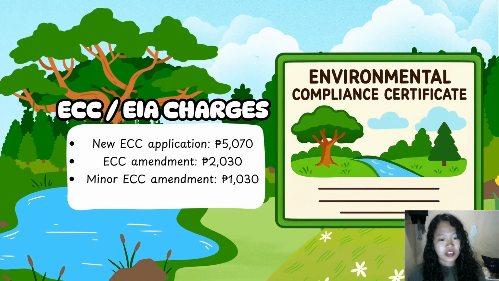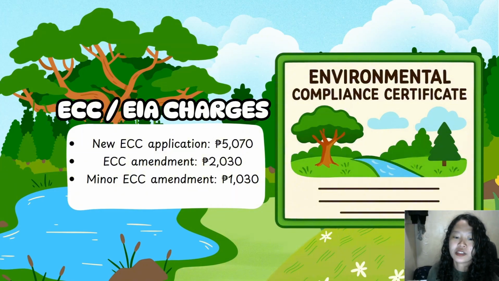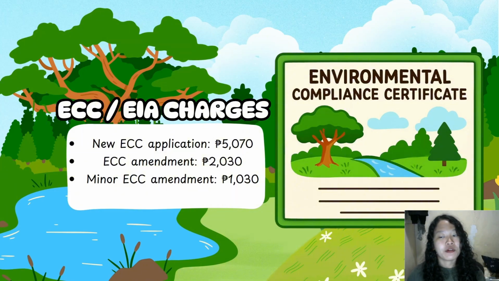The application fee is usually 5,070 pesos for a new ECC, 2,030 for amendments, and 1,030 for minor amendments. These are compliance costs para ma-approve ang project ninyo. Kapag nag-operate kayo without ECC, pwede kayong ma-penalize ng hanggang 50,000.